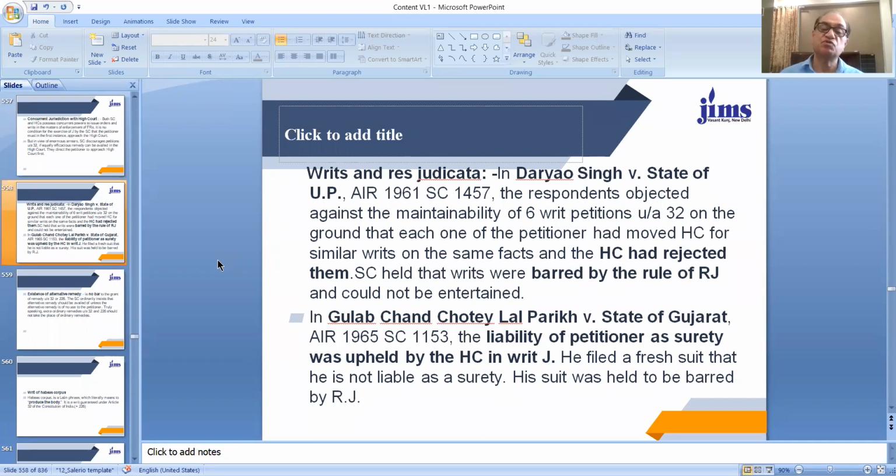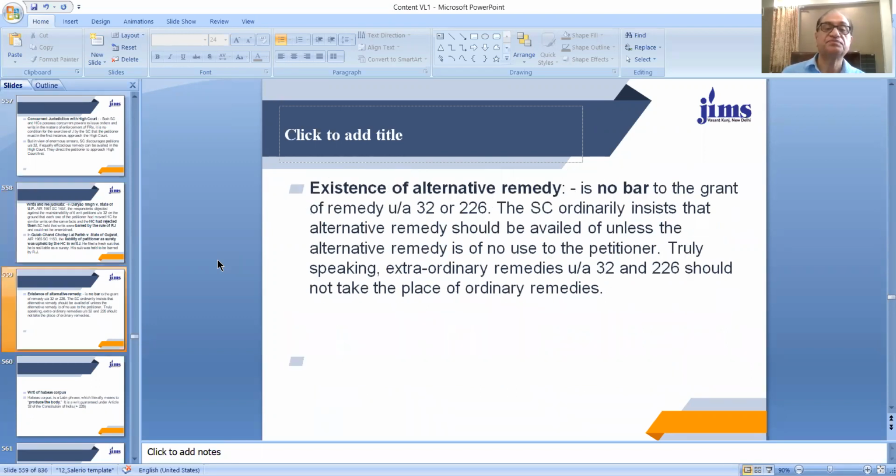The matter reached up to the Supreme Court, and the Supreme Court held that this suit was barred by the principle of res judicata, because once the matter has been heard by the Gujarat High Court and it has been decided that petitioner Gulab Chand Chotelal's liability as surety stands, you cannot re-agitate this matter even in a regular suit.